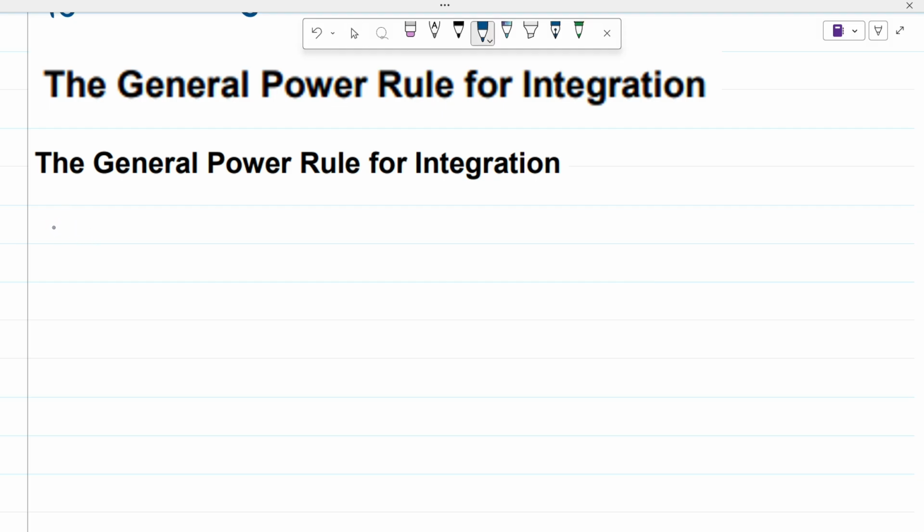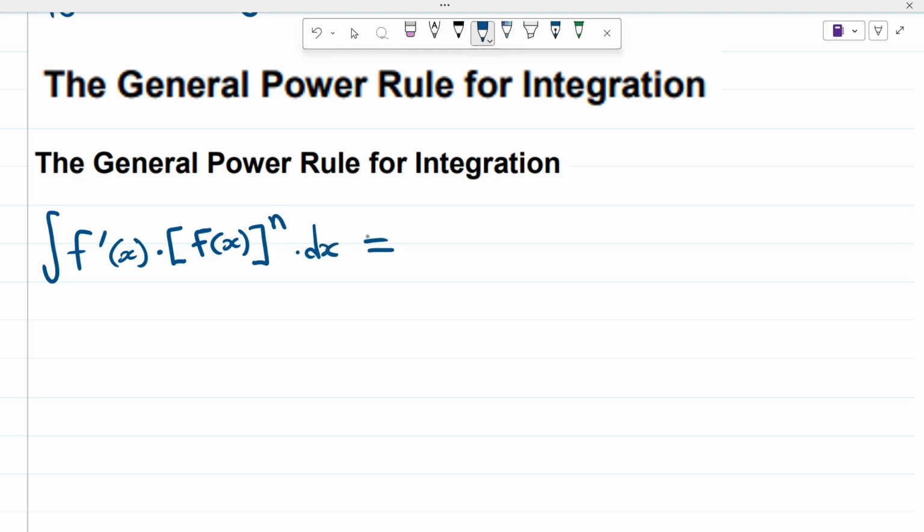So we're going to have the integral of, so I'm writing the rule here, f prime of x multiplied by f of x to the power of n dx.